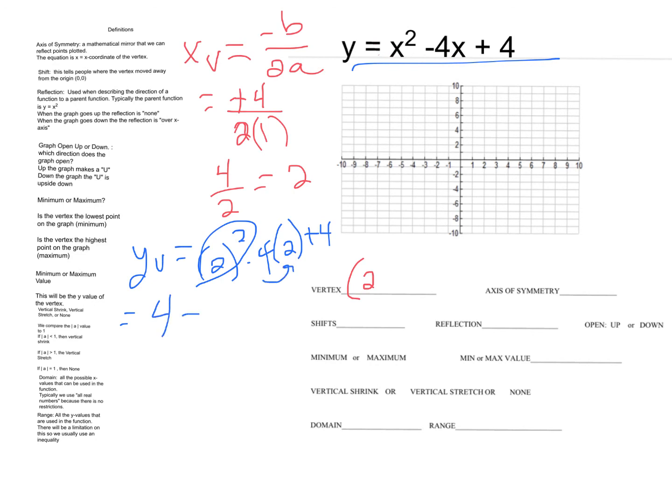Negative 4 times 2 is negative 8, plus 4. Add this up, so 4 minus 8 is negative 4, and then plus 4, so we get a y vertex of 0. So there's your vertex.